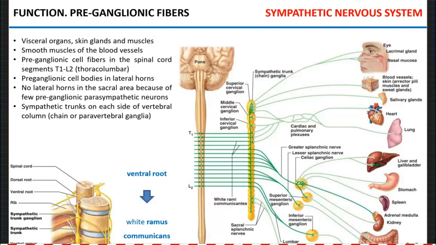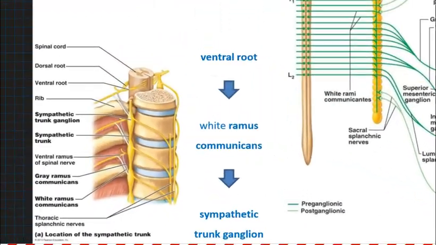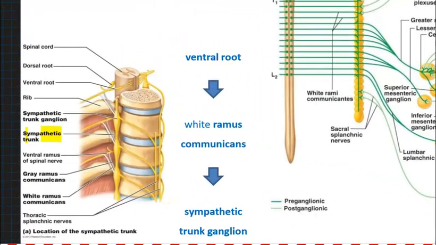Okay, so, origins. Preganglionic fibers: thoracolumbar region. Spinal cord from T1 to L2. The bodies are in the lateral horns. And then check this out. There are two sympathetic trunks on both sides of your spinal column.